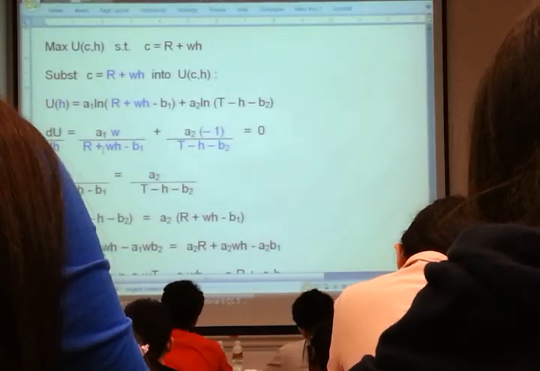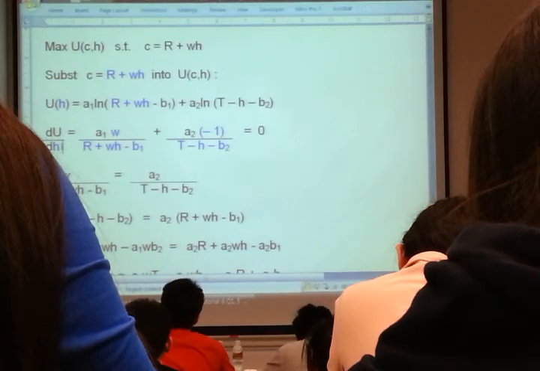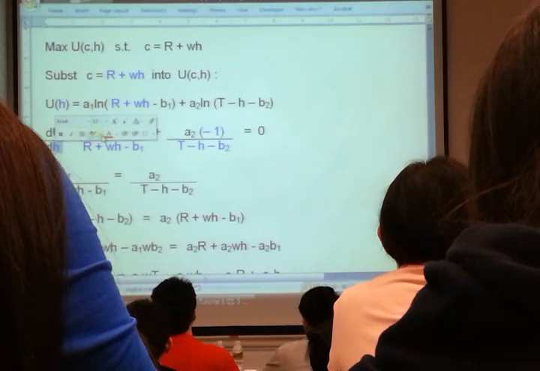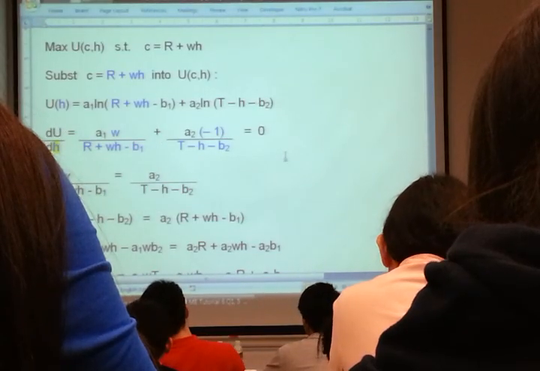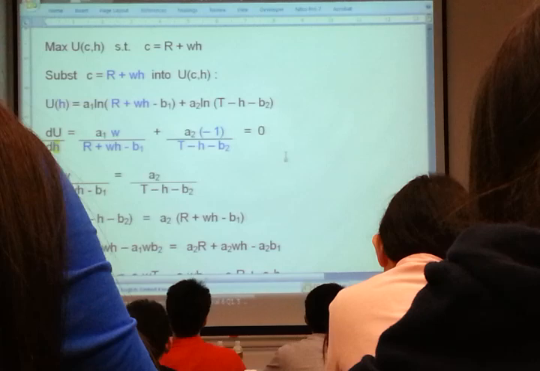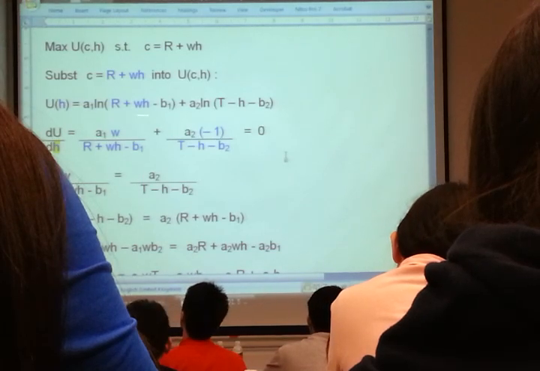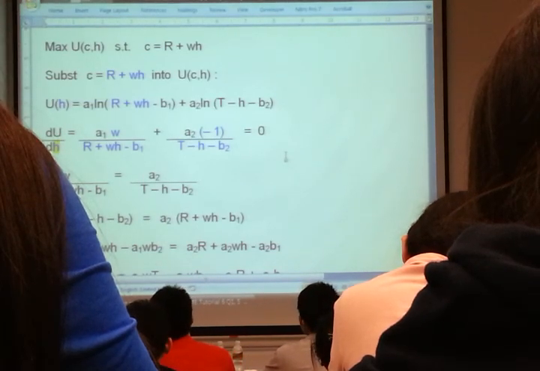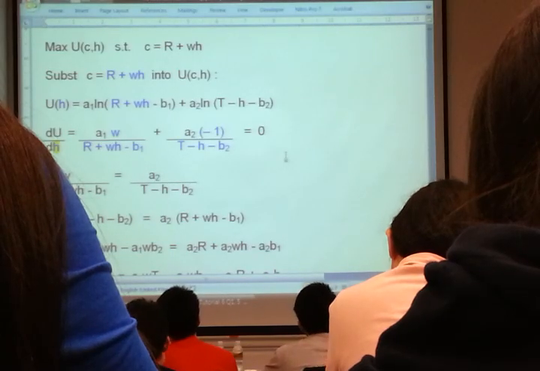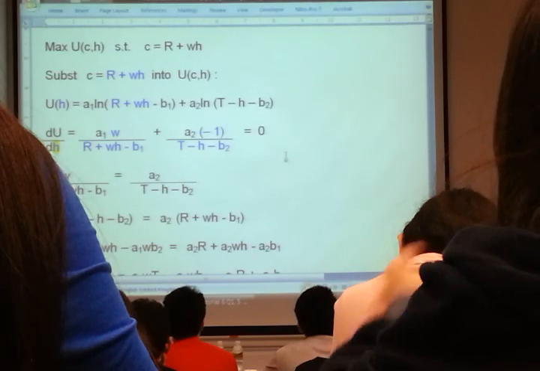what do you get? Okay, so simple differentiation. This will be this. You all require differentiation. Do I need to explain how to differentiate a log?